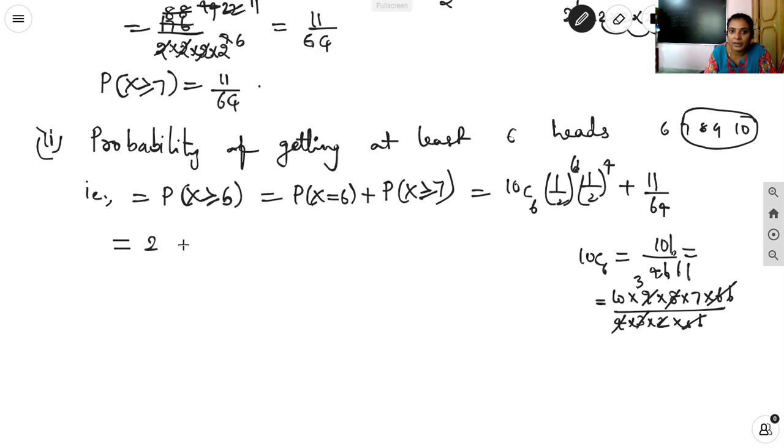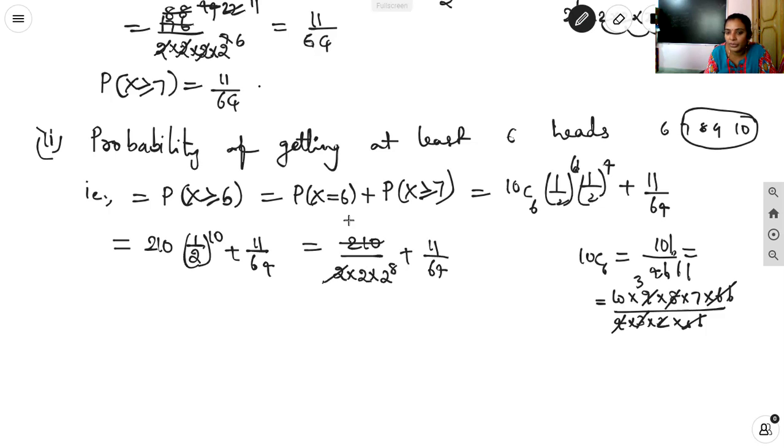It's 210 into 1 by 2 whole power 10 plus 11 by 64. It is equal to 210 by 2 into 2 into 2 power 8 plus 11 by 64.